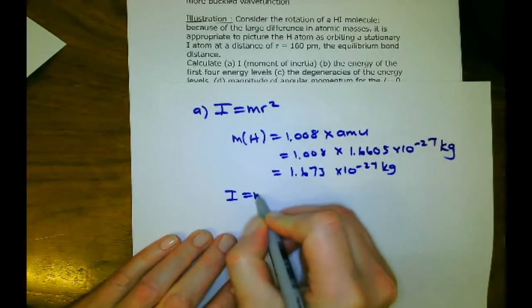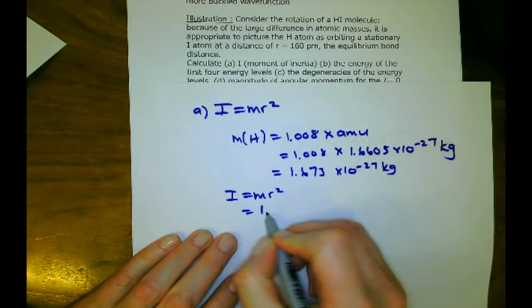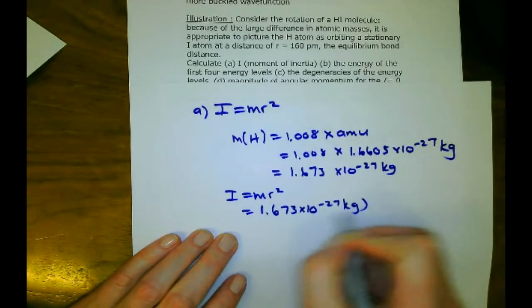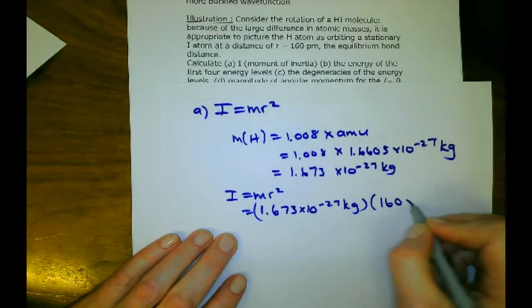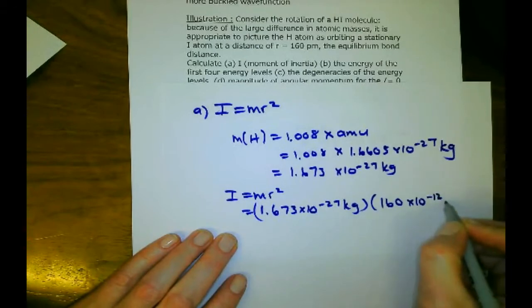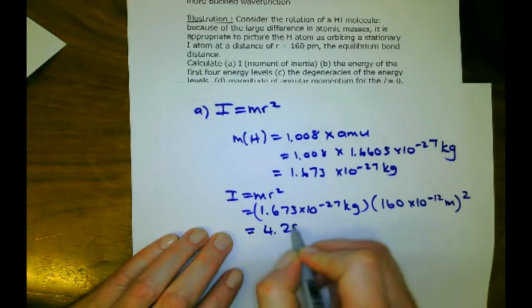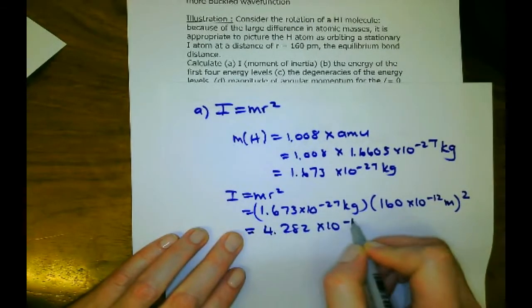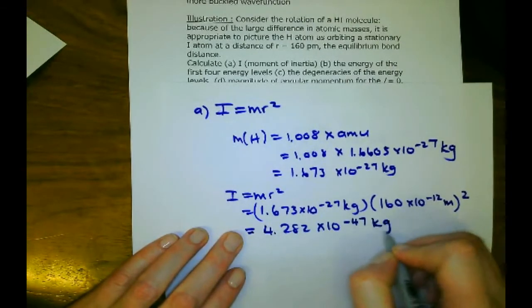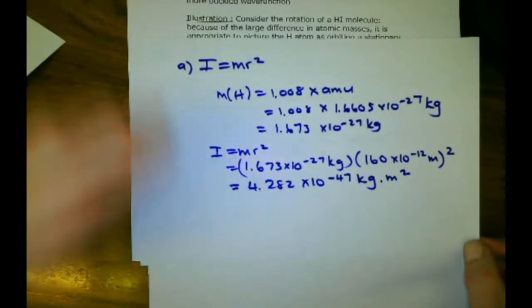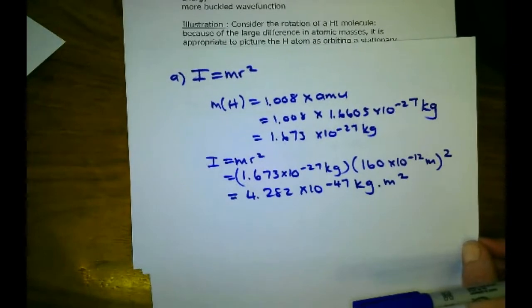And once we have that, radius squared, and there we have the moment of inertia for the system.